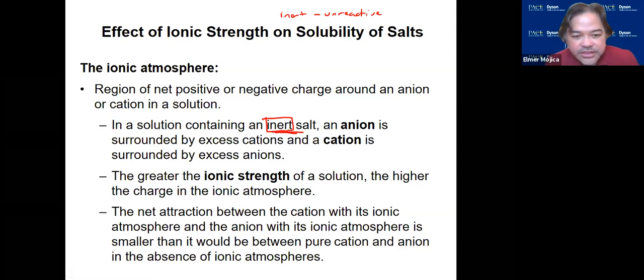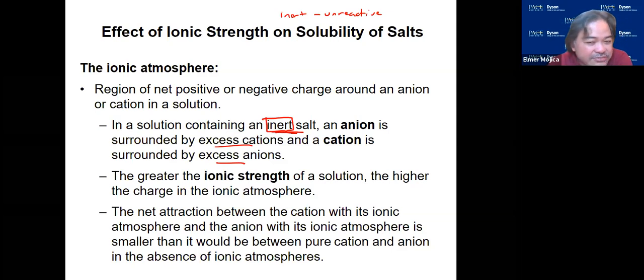Okay? So in a solution containing an inert salt, an anion is surrounded by excess cations, and a cation is surrounded by the excess anions. And the greater the ionic strength of a solution, the higher the charge in the ionic atmosphere.